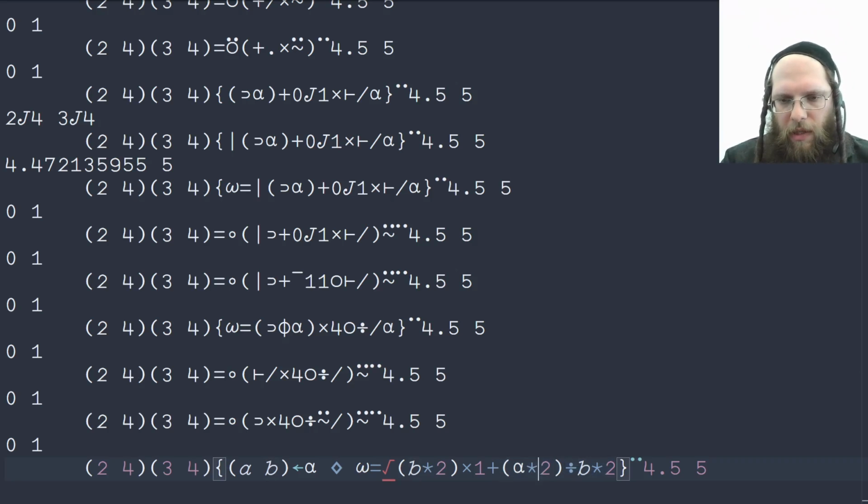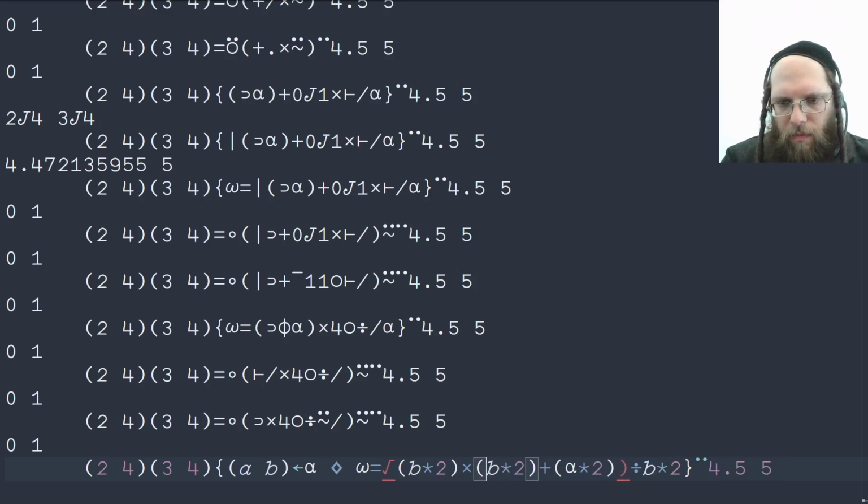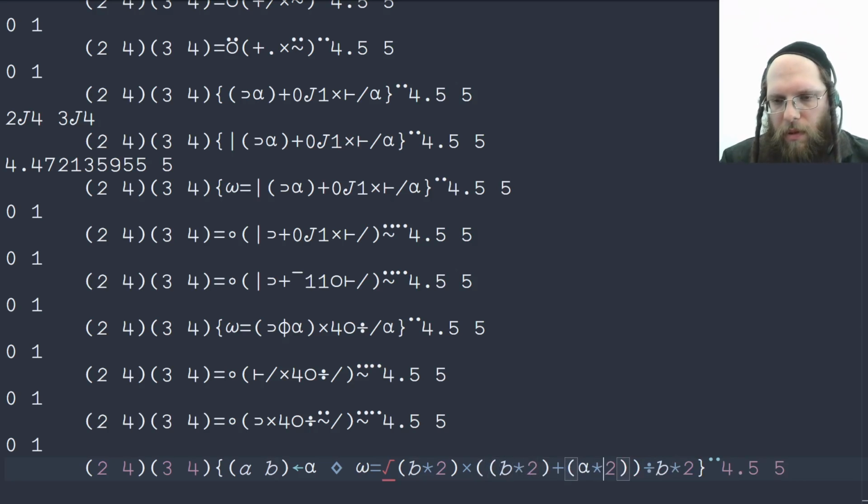That means that we can add b squared on top of the fraction instead. And now we can observe that this whole sum is being divided by b squared, and then it's being multiplied by b squared. Those eliminate each other.